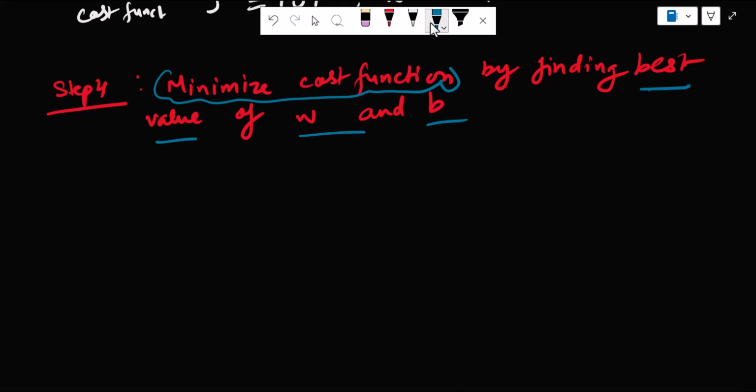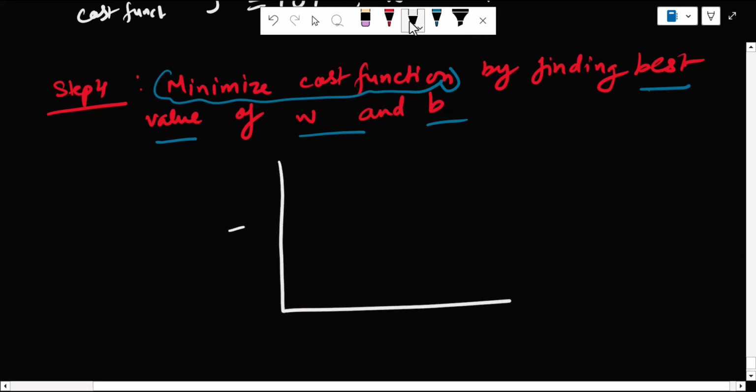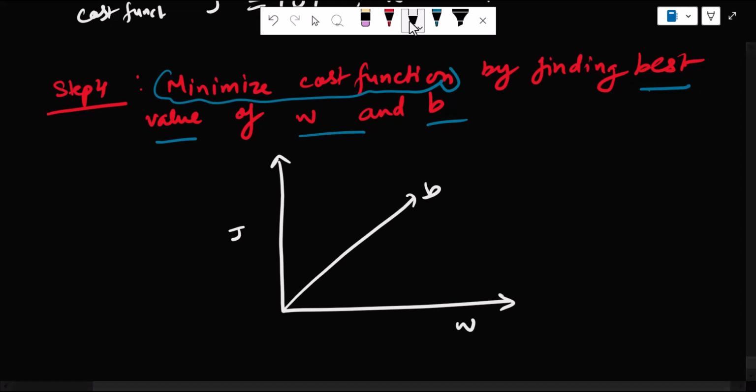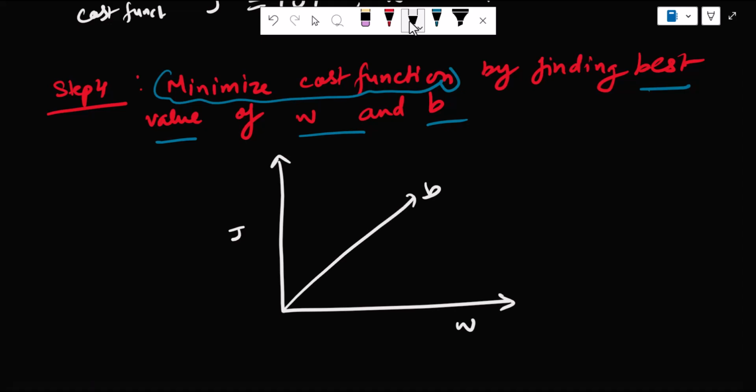So let's draw a curve between W and J. We can come again with a visualization. So if it is our cost function J, and here we have W and here we have B, we can plot the value of J for different values of W and B, and that will be a kind of 3D curve which you will get.